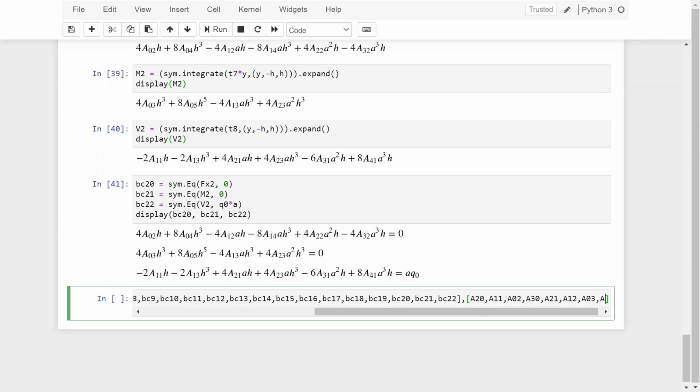Cubic is done. A40, A31, A22, A13, A04. 4 degree is done. A50, A41, A32, A23, A14, A05. All right.